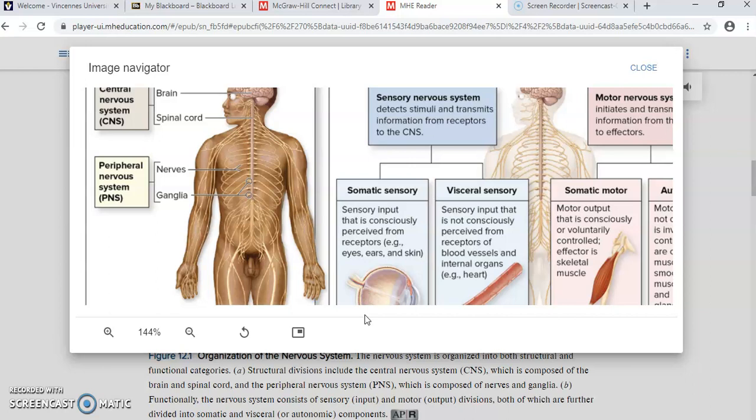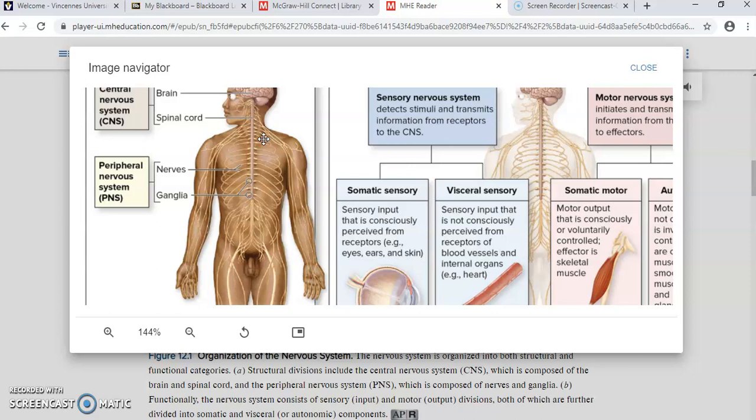Now realize some of the receptors are located within the body, like associated with our blood vessels or with our intestines, bladder, those kinds of internal structures as well.